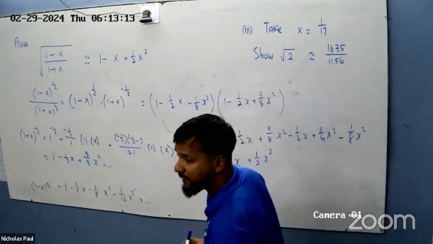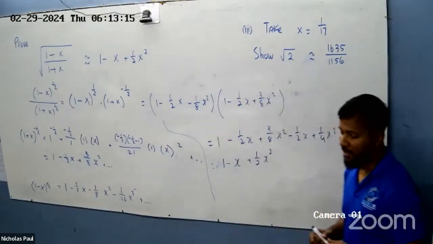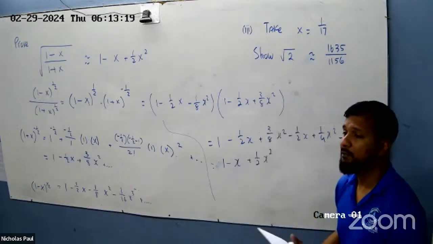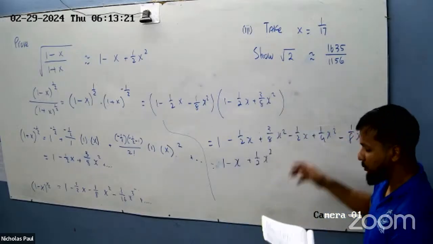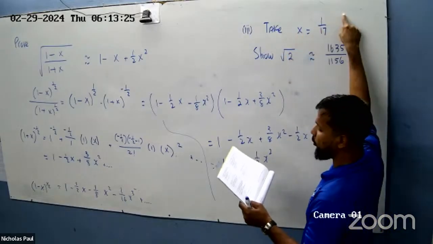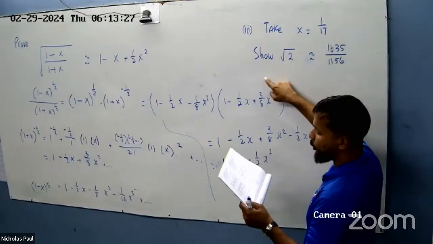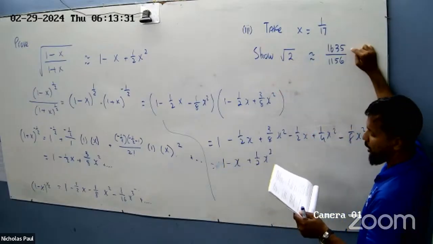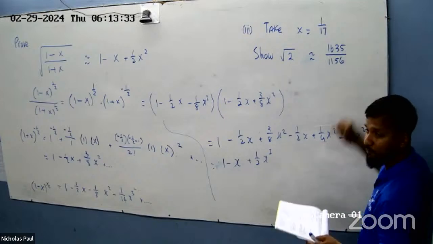Here's the challenge. The last part of the question says, hence, by taking x equal to 1/17, show that root 2 is approximately equal to 1635 over 1157.